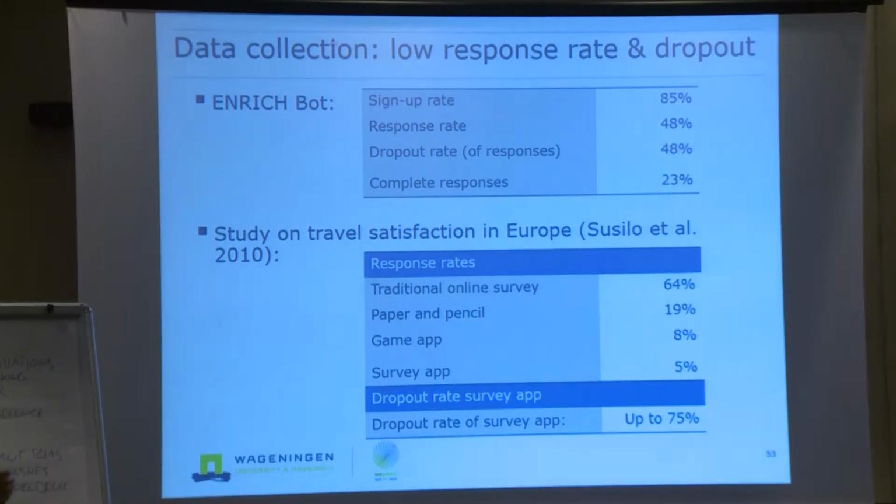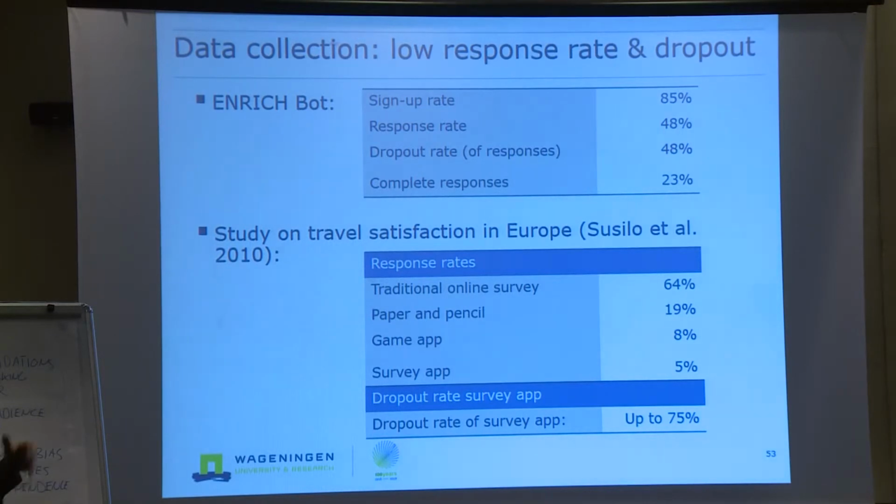Yeah, so for the enriched bot, which was sending the prompts, we had a sign-up rate. Of the amount of people that we intended to interview using the bot, 85% of them actually created an account. So we had an ID for them in the data set.